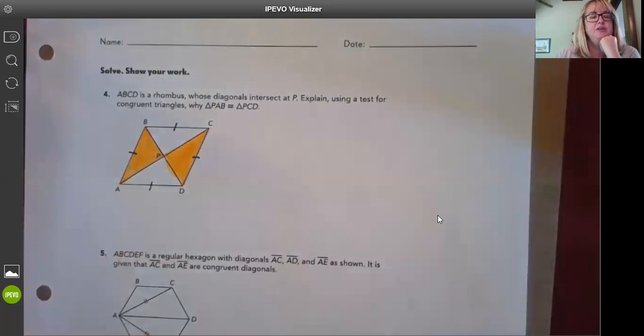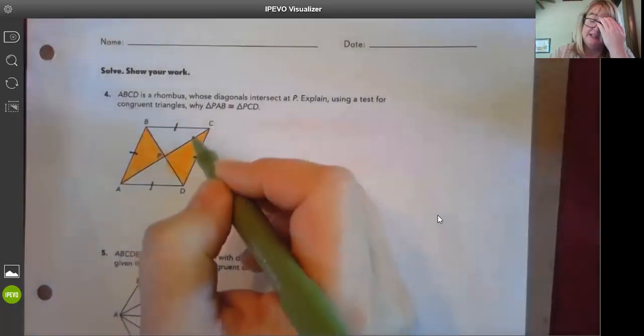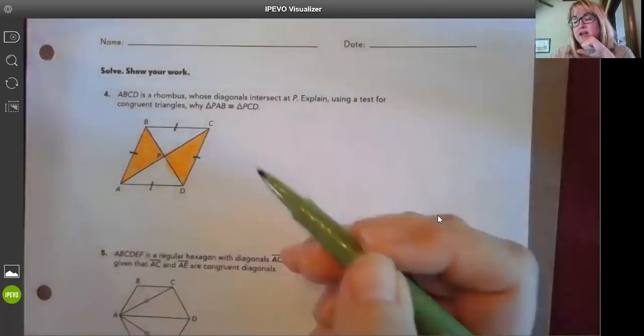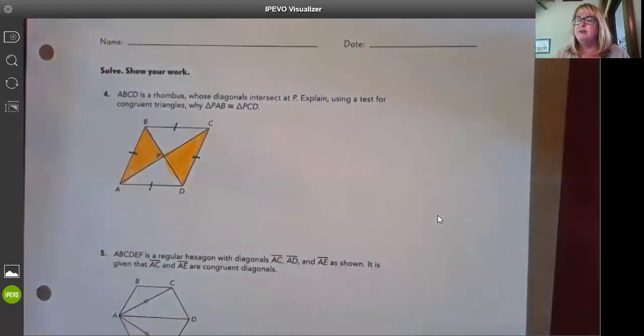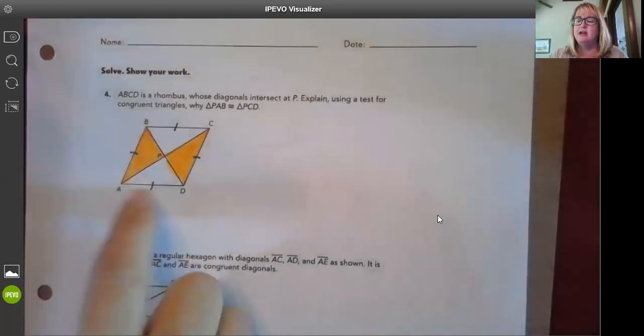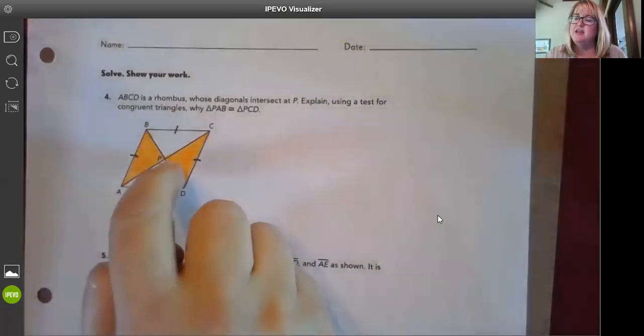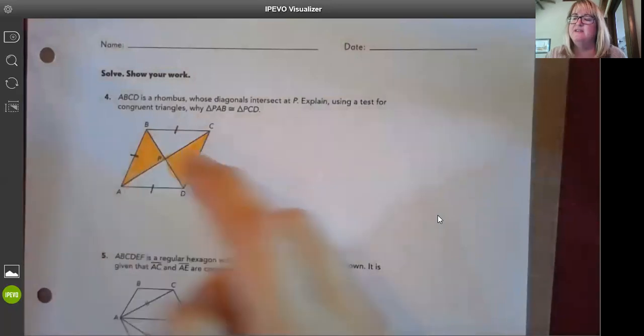We also know, there's a lot that we can do. You may not know this, but ABCD is also a parallelogram because the top and bottom are parallel and the two sides are parallel. And when you have a parallelogram, the two diagonals cross right in the middle of each of them.